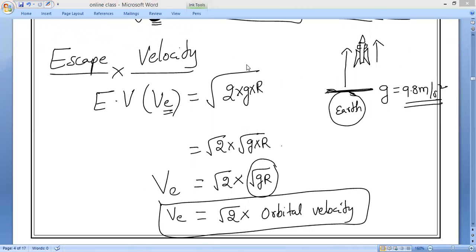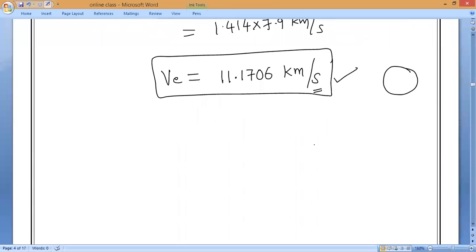Very good, Akilan. Akilan said in meter per second, 11,197.16. 11,196 something you will get approximately. So I have taken a rounding off. You can get 11,170 point something, meter per second you can take.